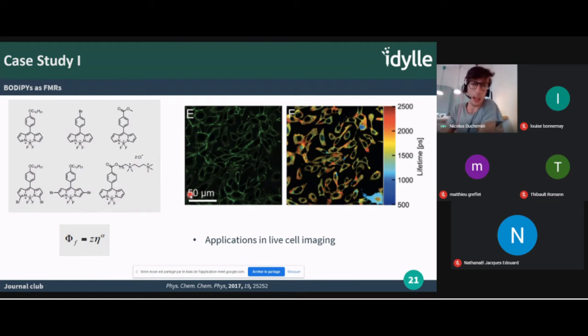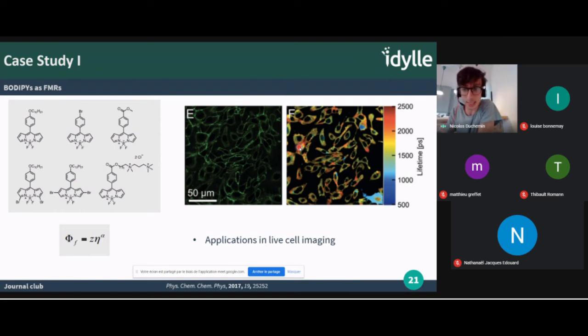So on the left, you will have a simple fluorescence imaging, and on the right, in picture F, you will have a fluorescence lifetime imaging, which is based on what you call a total photon count, which is independent of the concentration of your dye at a specific position.